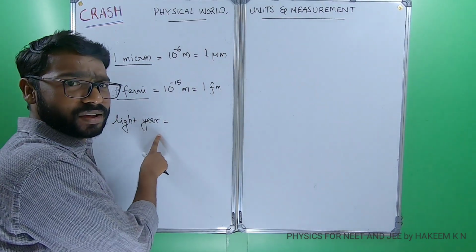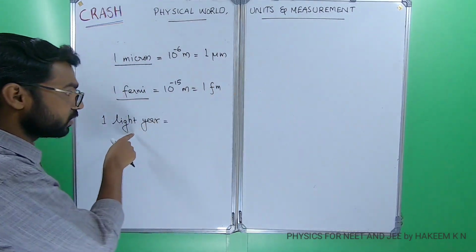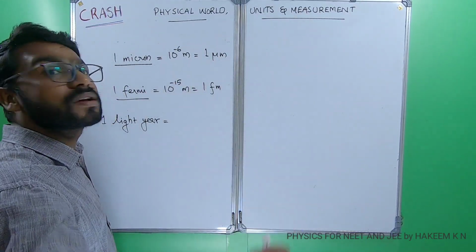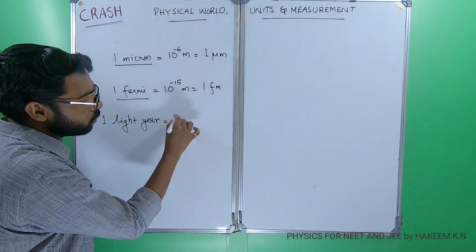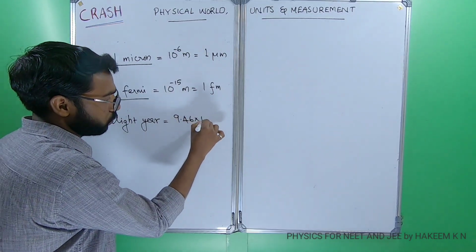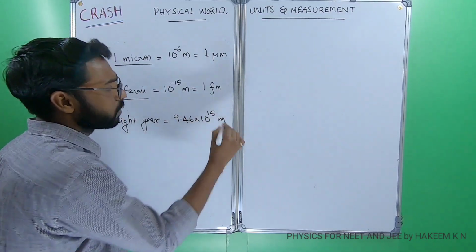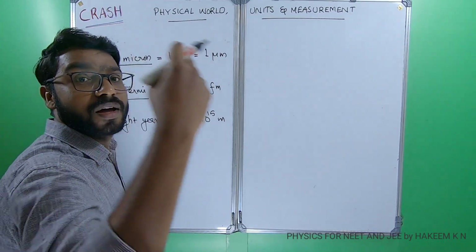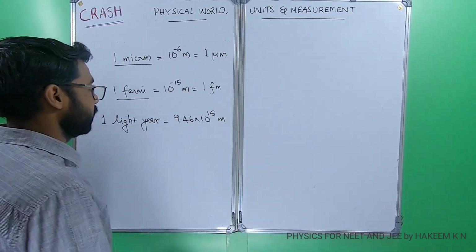Light year is a unit of length, the distance traveled by light in 1 year through vacuum. Its value is 9.46 into 10 power 15 meter. Light year is a unit of length, not a unit of time.